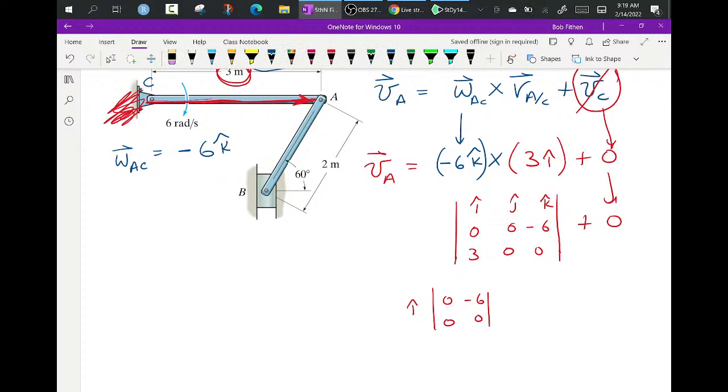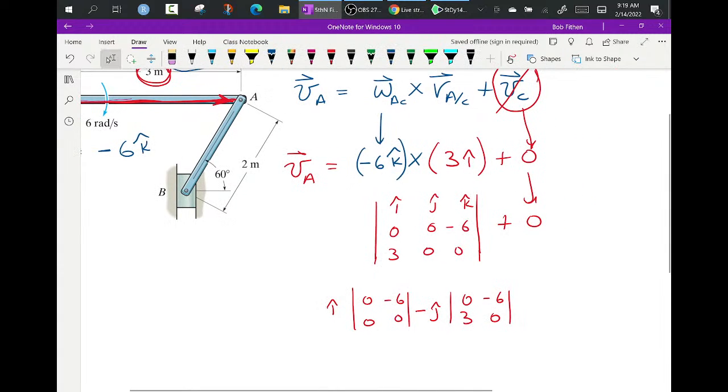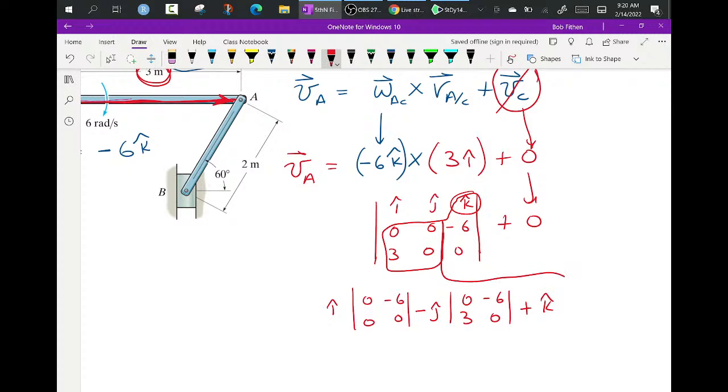And then if I'm taking the J, I have to take the minus sign of it, and I build the matrix like that, minus J, 0 minus 6, 3, 0. And then if I take the K, I do this out of it. Go right there. 0, 0, 3, 0.